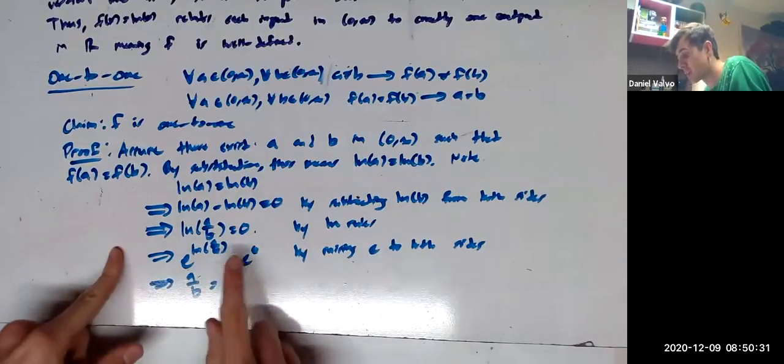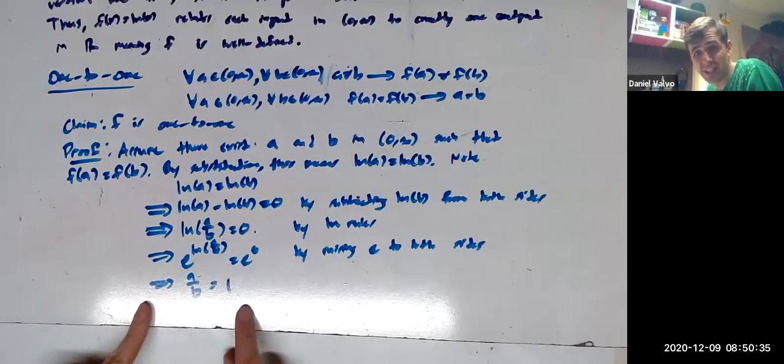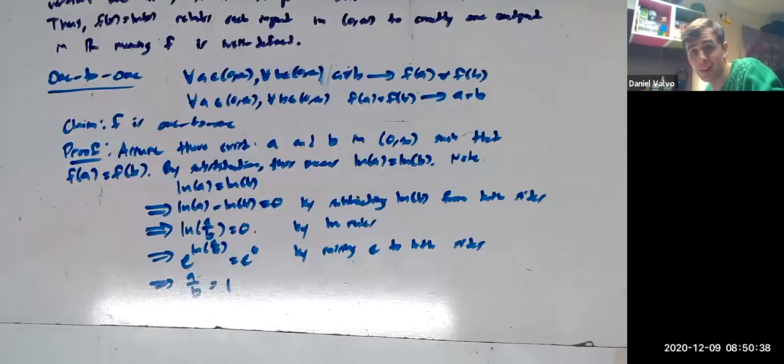Either way, if ln of A over B equals 0, A over B must equal 1. The other way you can look at it is just memorizing the fact that ln is only 0 at 1. The only thing you plug into ln and get 0 is 1. Either way, you end up with A over B must equal 1.